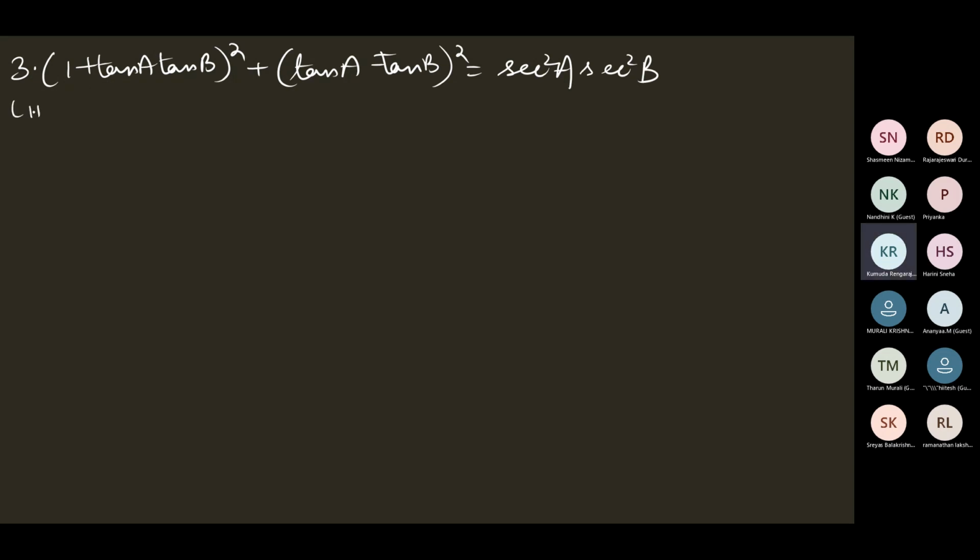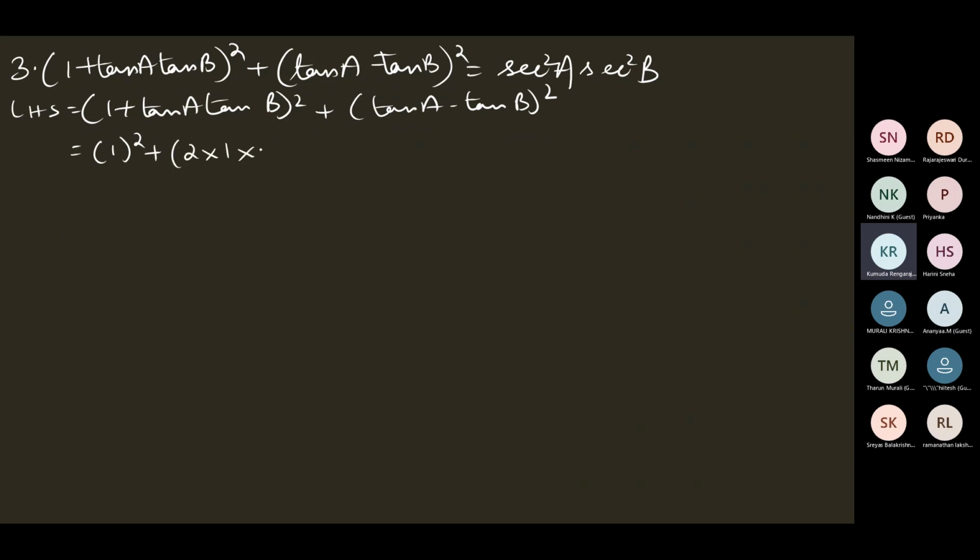All right, children, let's take up the LHS: (1 plus tan A tan B) the whole square plus (tan A minus tan B) the whole square. You just have to use the identity. (A plus B) the whole square is A square plus 2AB plus B square, so 1 plus 2 into 1 into tan A tan B plus (tan A tan B) the whole square.